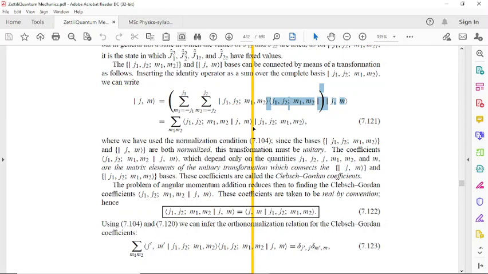Since the basis set of ket J1, J2, M1, M2 and the set of ket JM are both normalized, this transformation must be unitary.